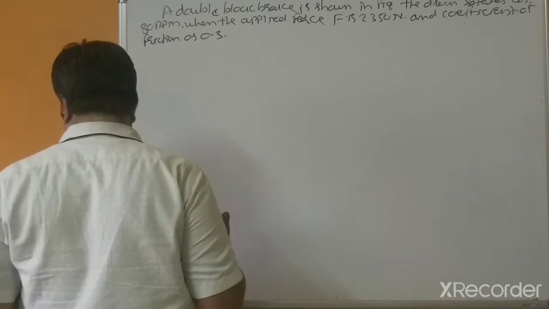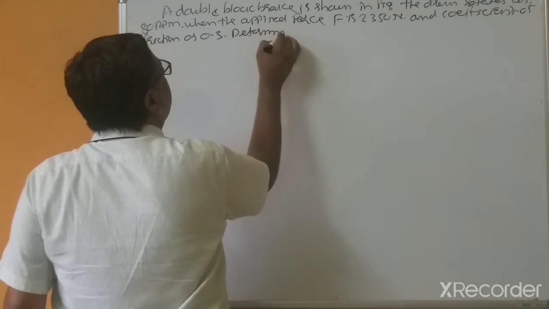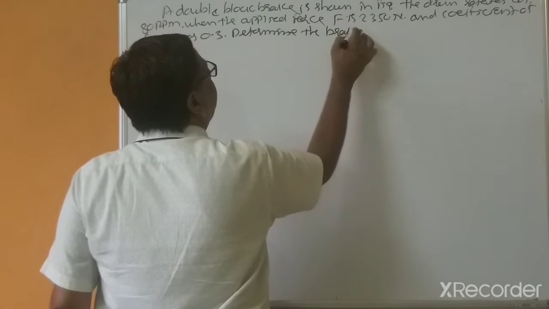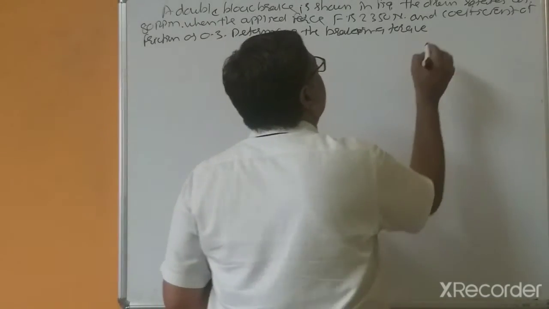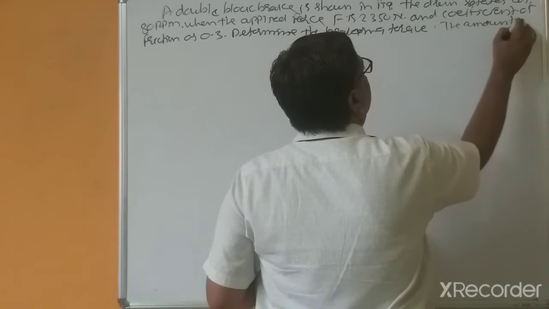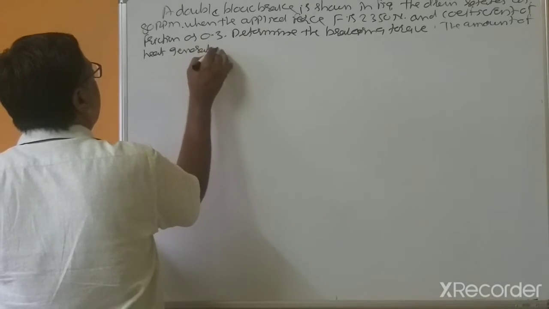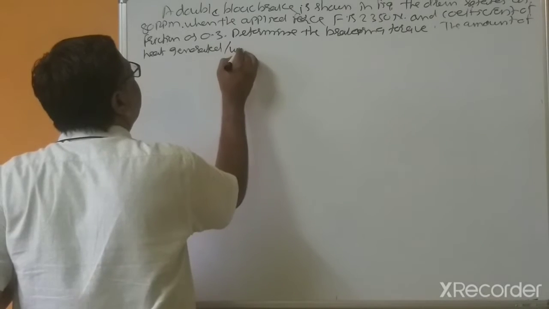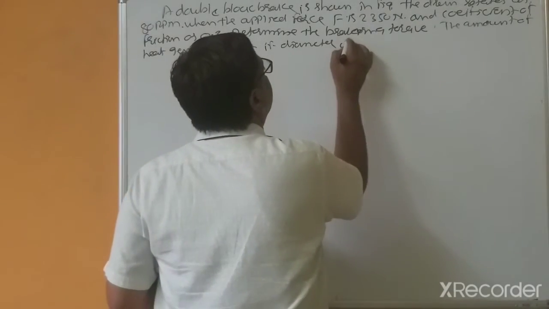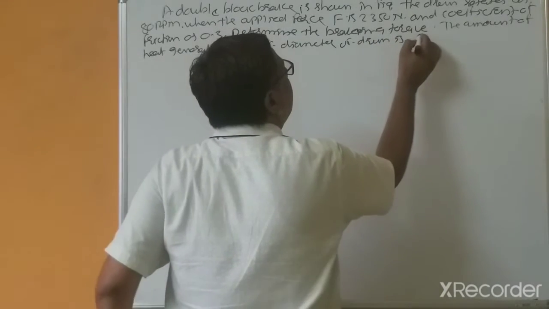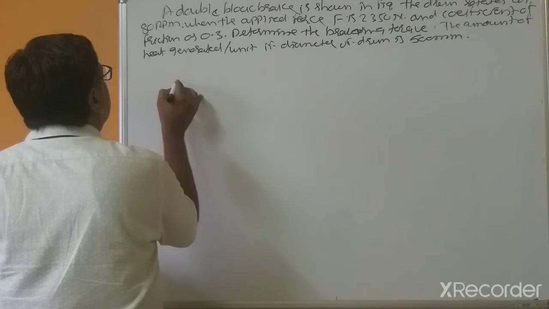Employing a free body diagram, determine the braking torque and the amount of heat generated per unit time if the diameter of the drum is 500 mm. This figure is given.